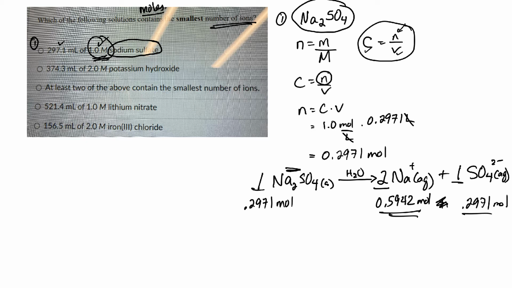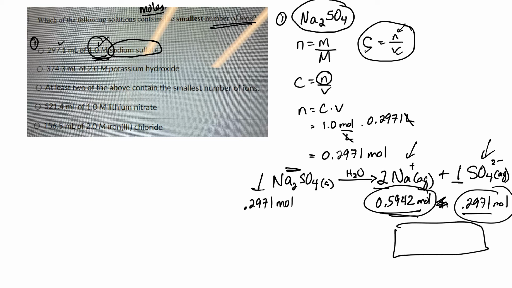But if they say how many moles of ions you have, I've got this many moles of sodium ions and this many moles of sulfate ions. So to figure out the total number of ions, I'm just going to add those. So plus 0.2971, so my total ions for this first question would be 0.8913 moles. That's total.